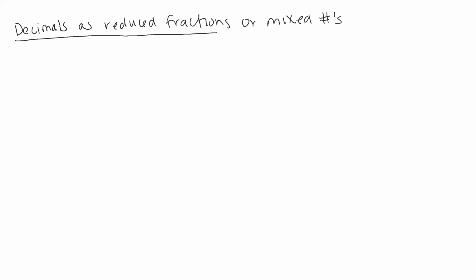Okay, so decimals as reduced fractions or mixed numbers. Let's say I have the decimal 0.88. A couple of times in this video already, we've seen the connection between decimal places, that's the number of digits after the decimal point, and powers of 10 and place value. So it all kind of comes together.